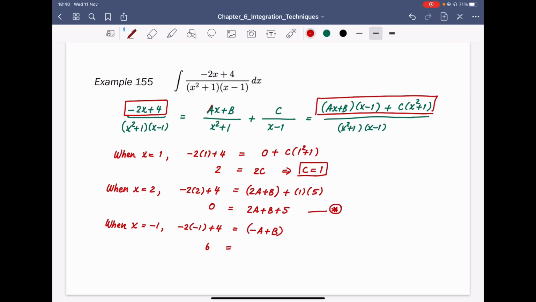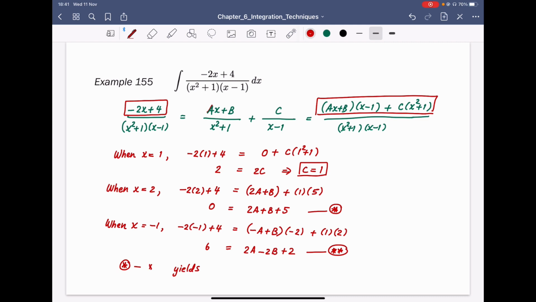Because I plug in x equals negative 1 and then times negative 2, and then plus c is 1, and then negative 1 squared plus 1. This is just 2. So now I can simplify a little bit. So I have also 2a, right, minus 2b, and then plus 2 equal to 6. This is the second equation.